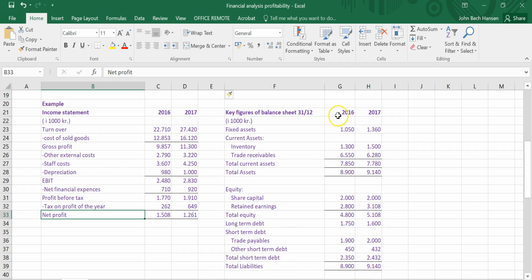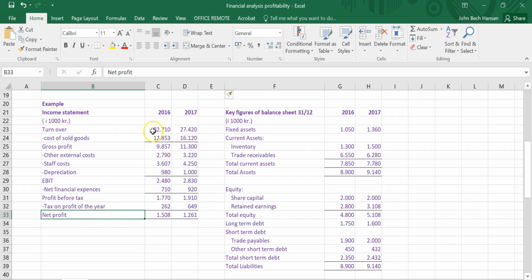So in 2016 there was invested 8,900,000, because as you can see all the figures here are shown in thousands. So how much do we make in profit when we have invested almost 9 million for a year?